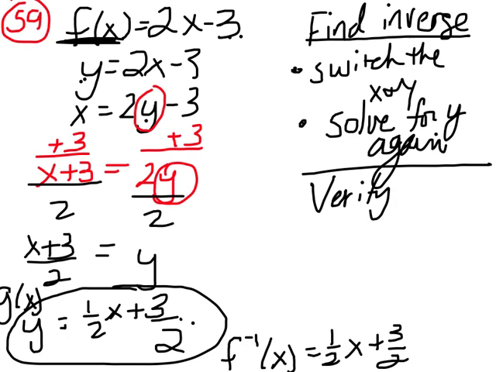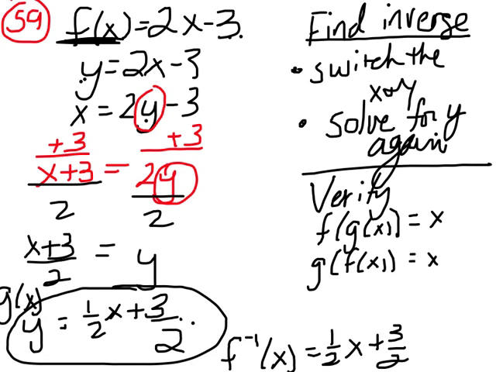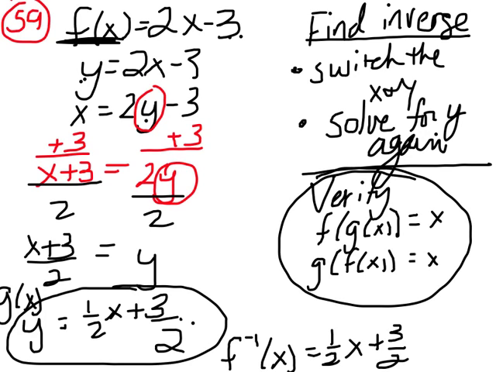But if we want to verify it, we have to show that f of g of x is x, and g of f of x is x. We have to show that they undo each other. If I take one function and plug it into the x on the other function, I should get x out, and vice versa. That's how we verify functions there.